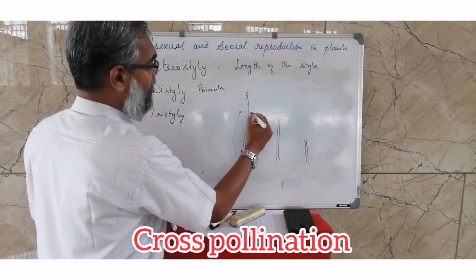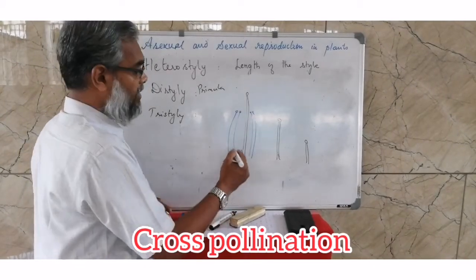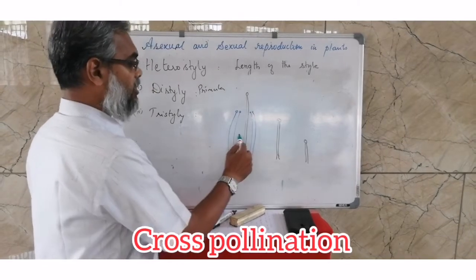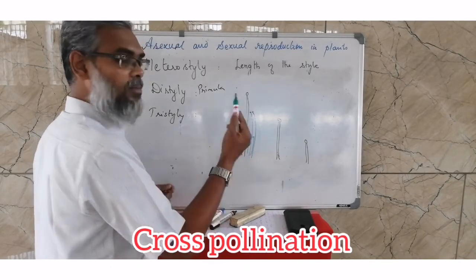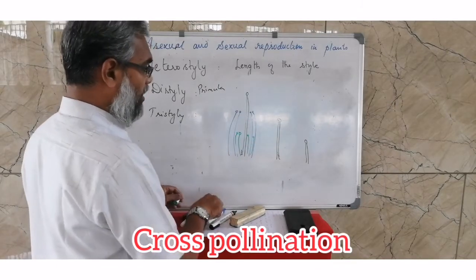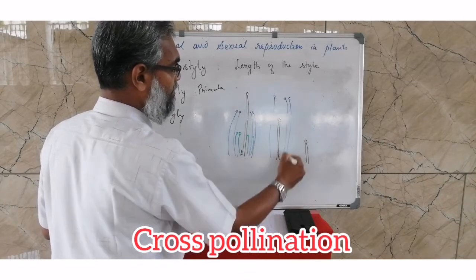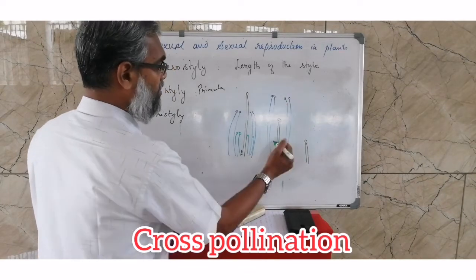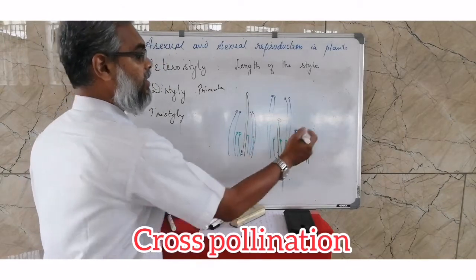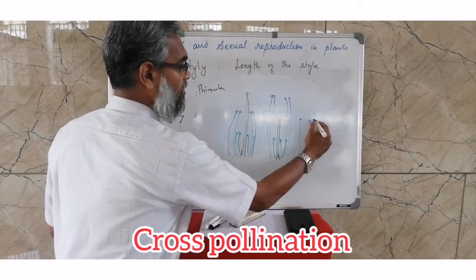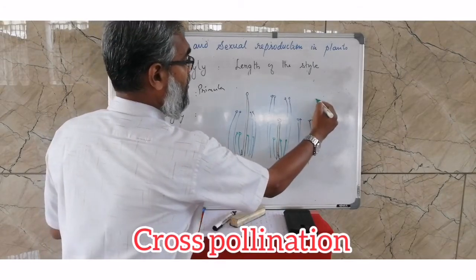One will have normal-length filaments and also short-filamented anthers. In another, long-filamented stamens and also short filaments. And in the third, normal and also longer ones.